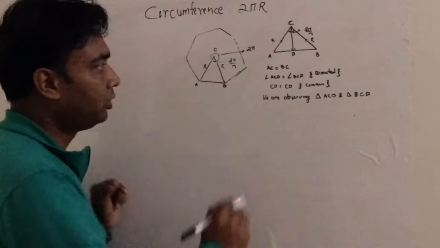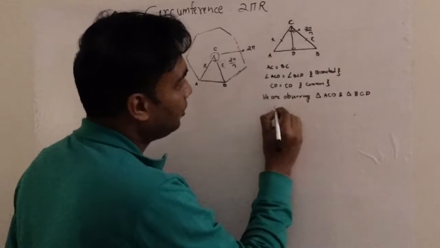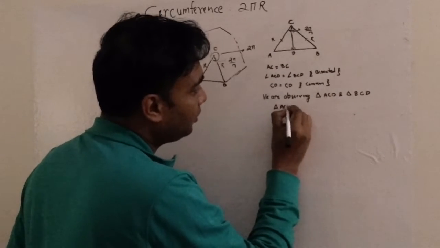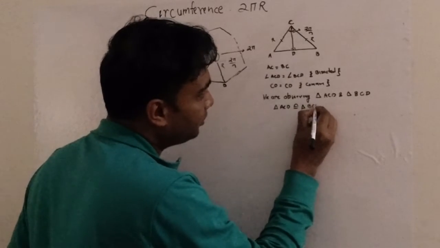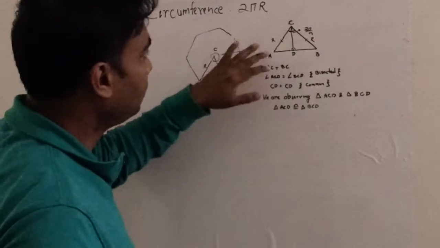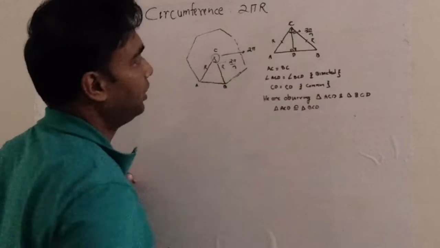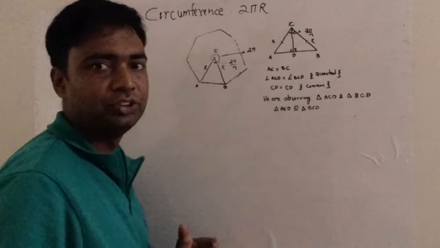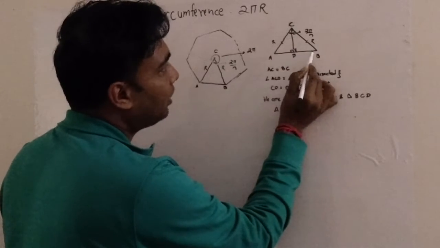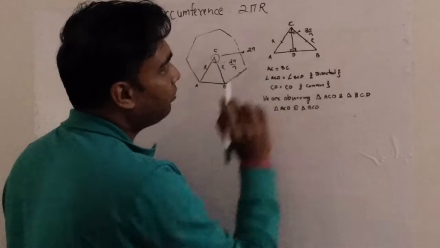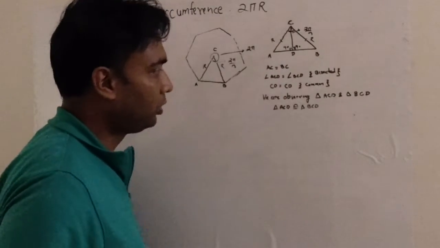By these things, we can say that triangle ACD is congruent to triangle BCD. So these two triangles are congruent, and this angle will be equal to this angle by the angle congruency property. But since AB is a line, this whole angle will be 180 degrees. So we can say that this is 90 degrees, because these two angles are equal. So this is perpendicular.